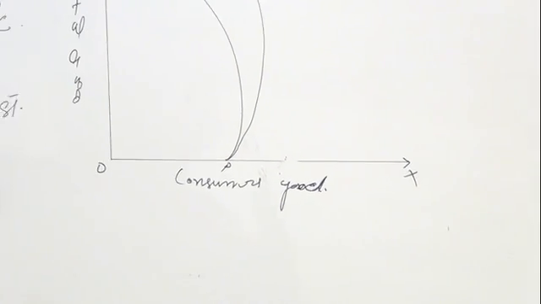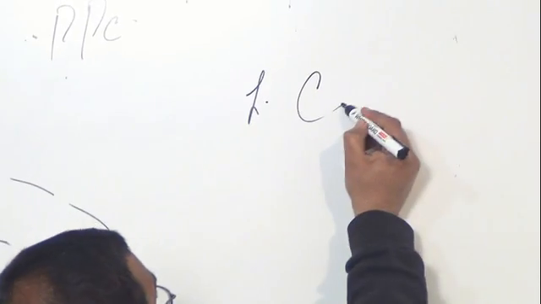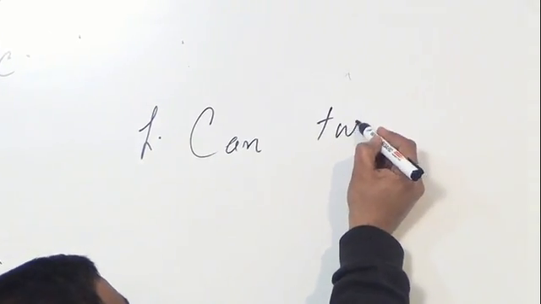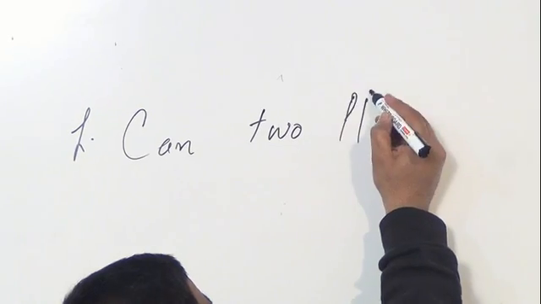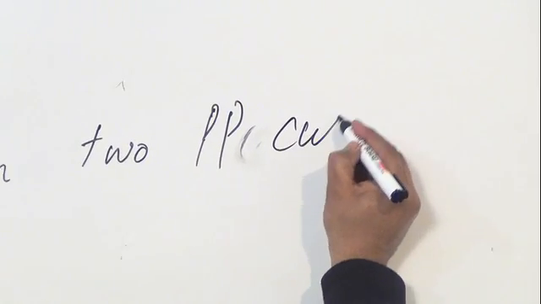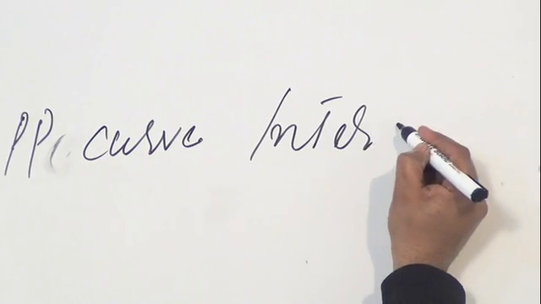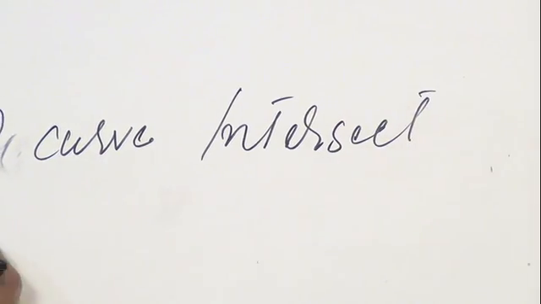First it was shifting, then it is rotation. Sometimes in the examination the question may be like this: can two production possibility curves intersect each other?